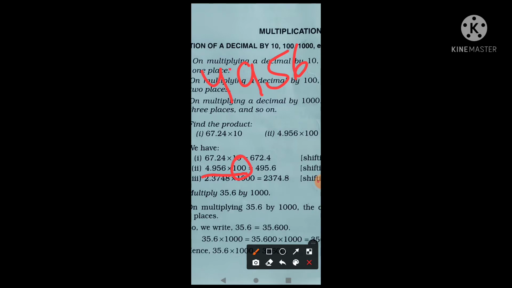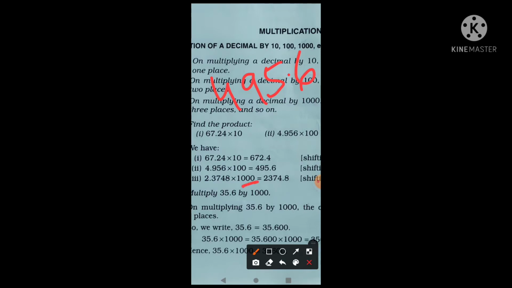So it will move towards the right side one place, then again one place. See here, so the decimal will come here. So the required answer will be 495.6.